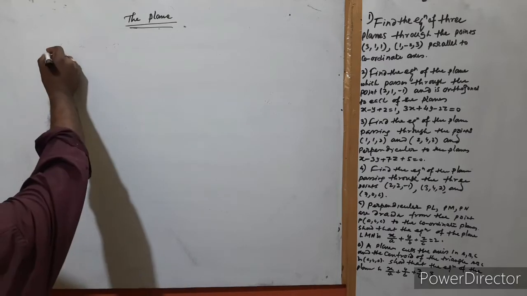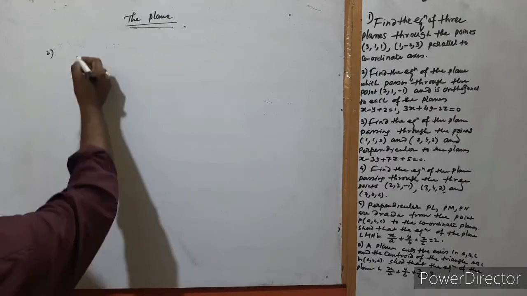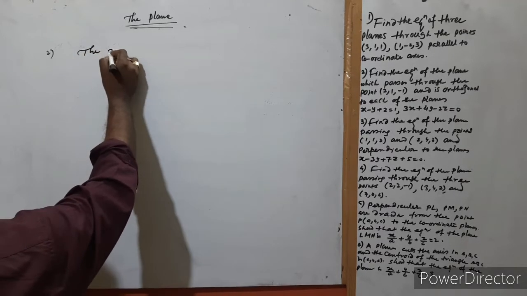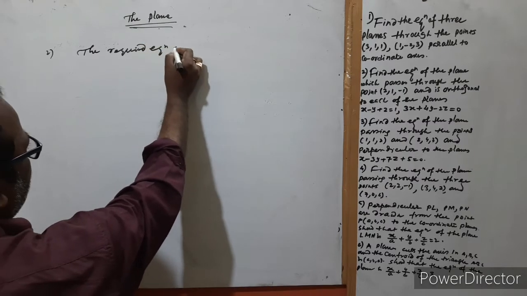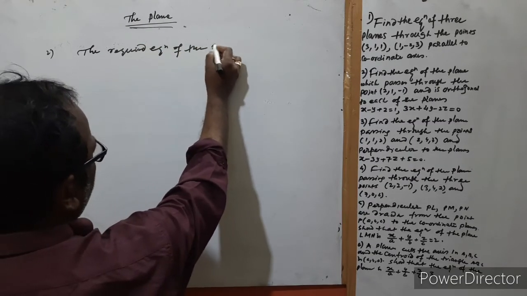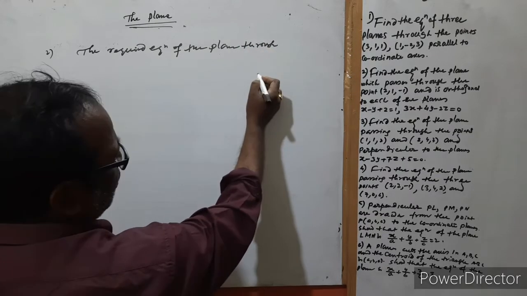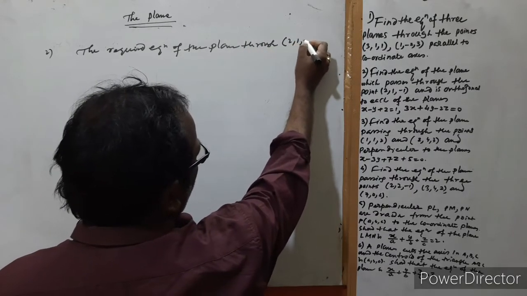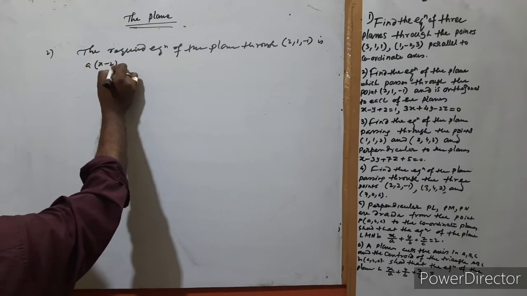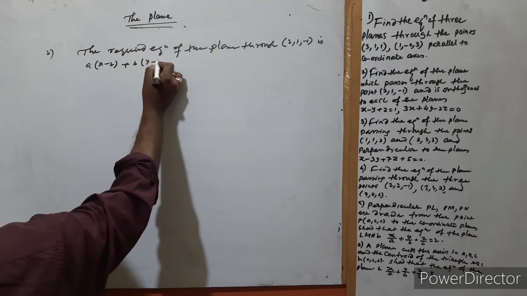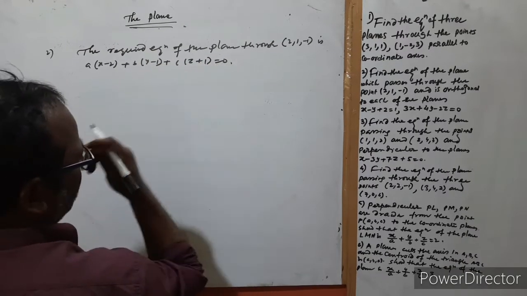Number 2. Find the equation of the plane which is passing through the point 2, 1, minus 1. The required equation of the plane through 2, 1, minus 1 is a(x minus 2) + b(y minus 1) + c(z plus 1) = 0.